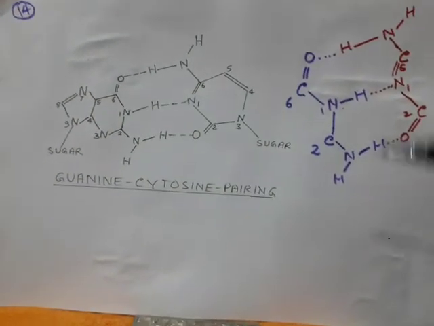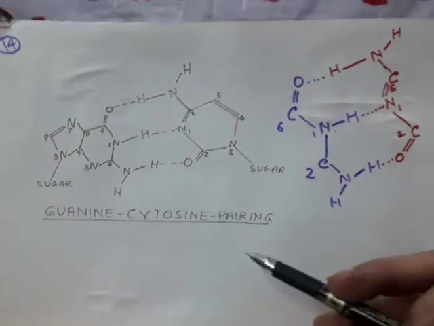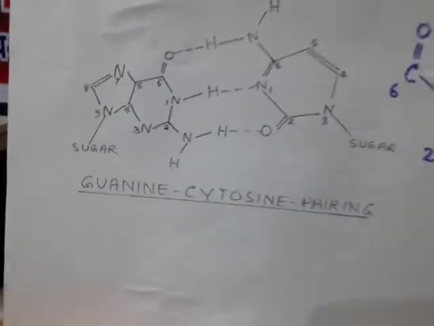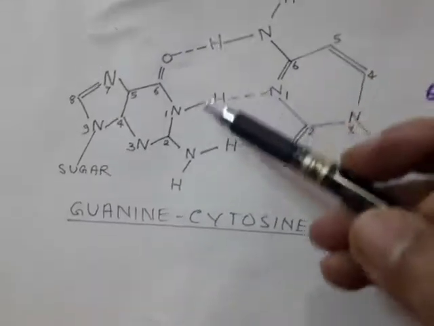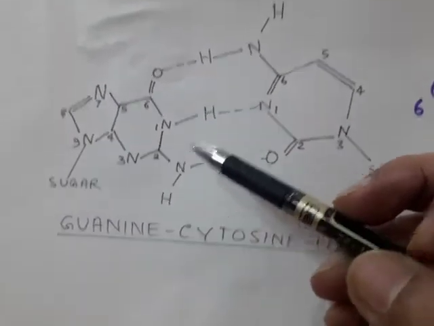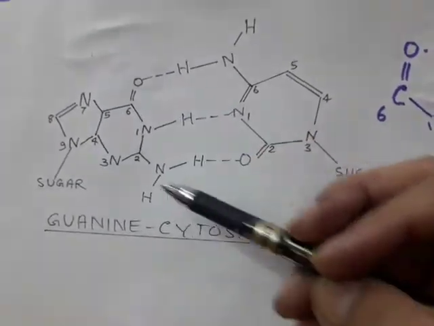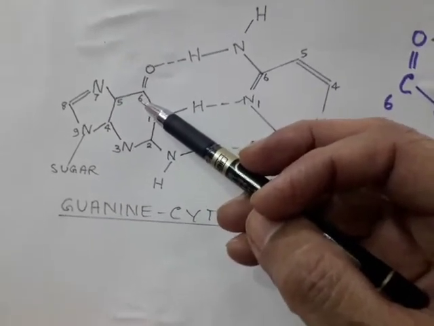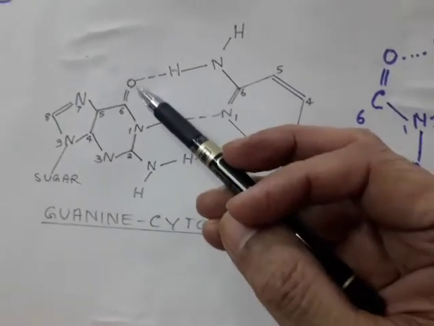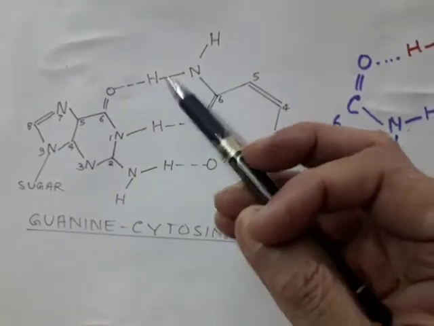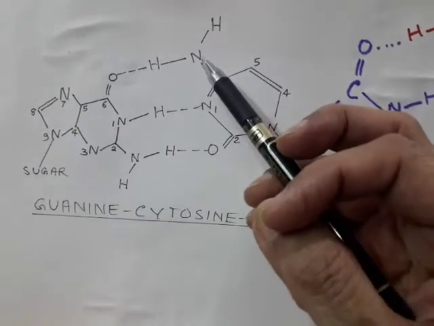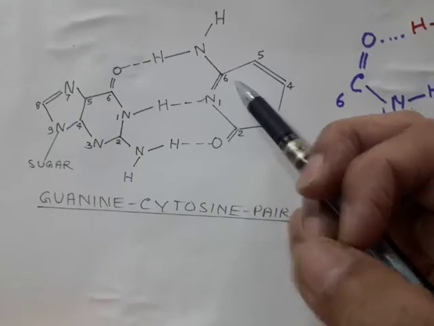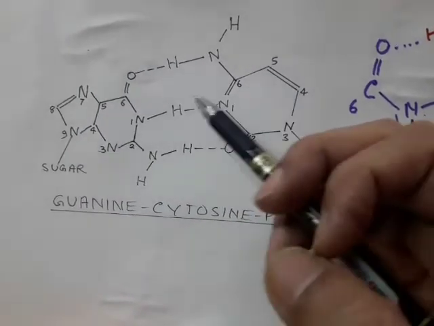Similarly, in the bonding between guanine and cytosine, here also the same formula 6, 1 holds. In guanine, with the carbon of position 6, one oxygen is attached. That oxygen binds with the hydrogen of the NH2 group attached with carbon number 6 of cytosine.